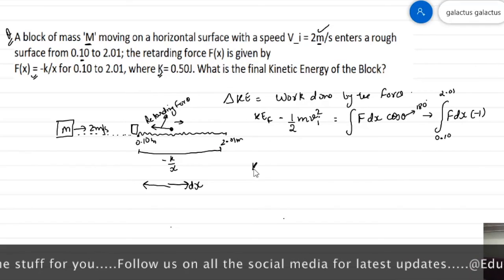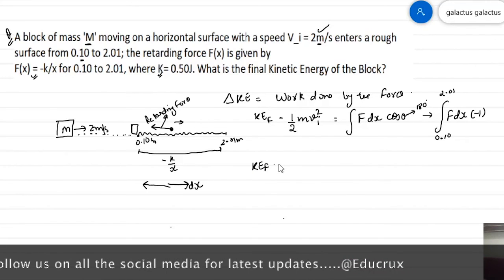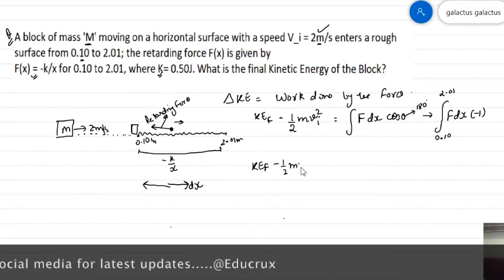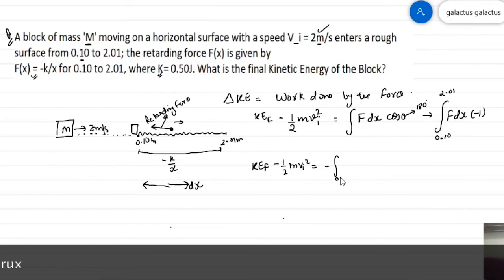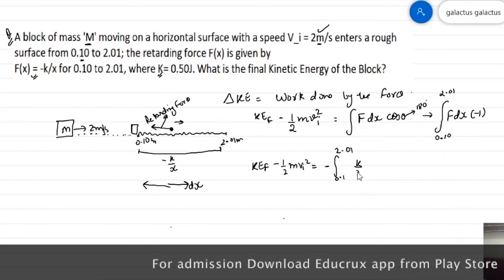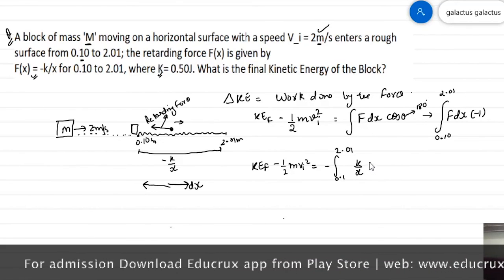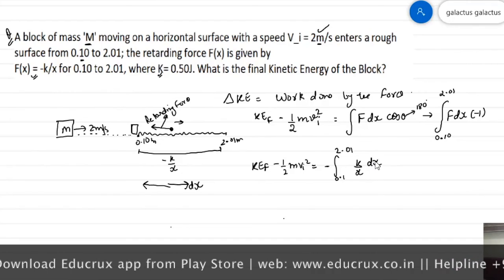Okay, so kinetic energy final is equal to half m vi square minus the integral from 0.1 to 2.01. F is k by x, dx.